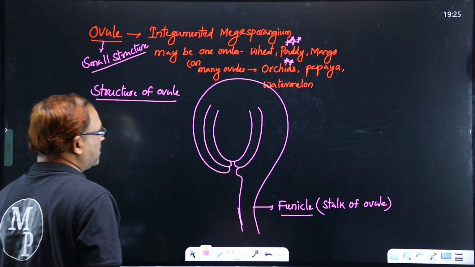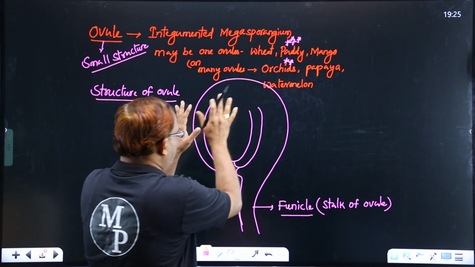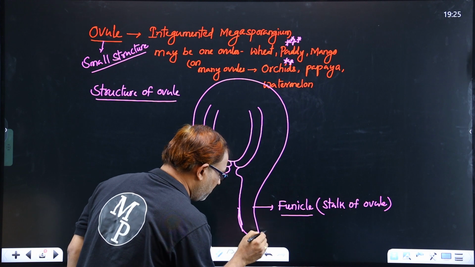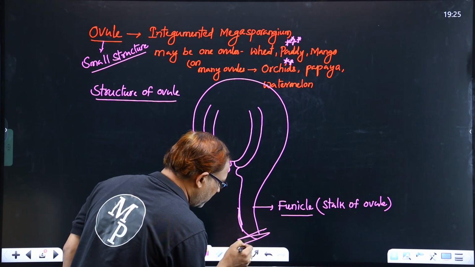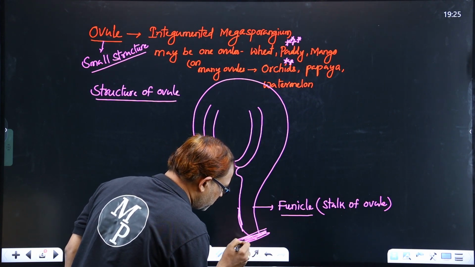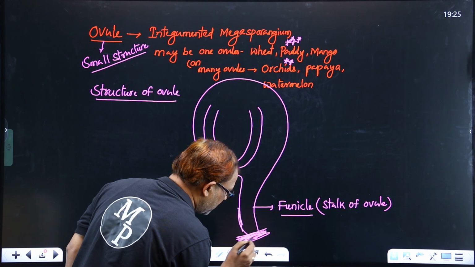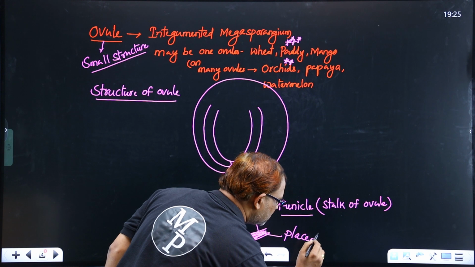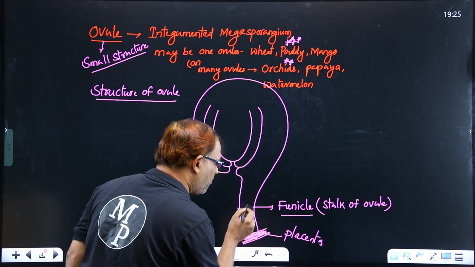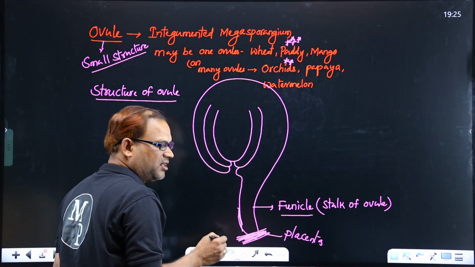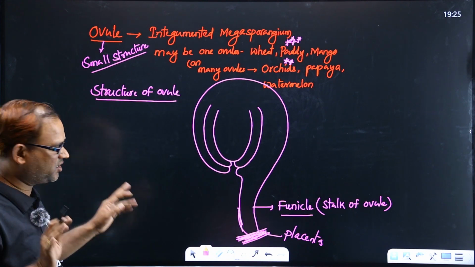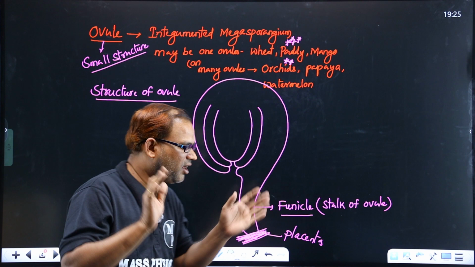This small structure of the ovule is attached to the placenta. This portion is known as the placenta. By means of the stalk-like structure, the funicle, it is attached. Clear, all of you?